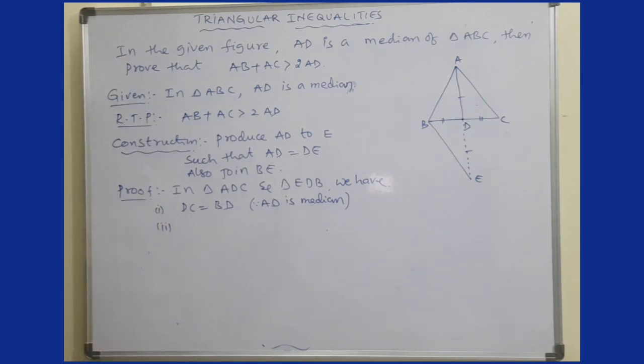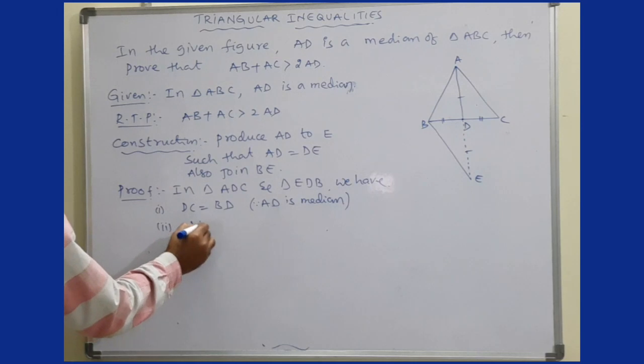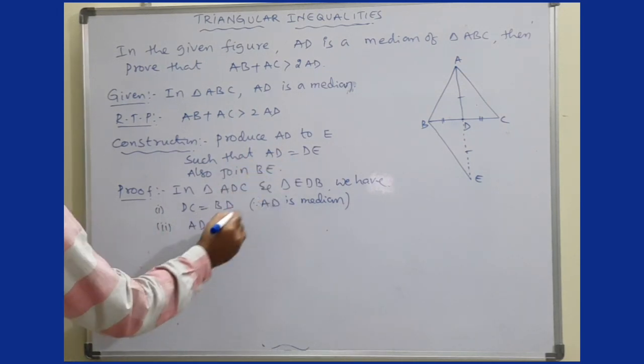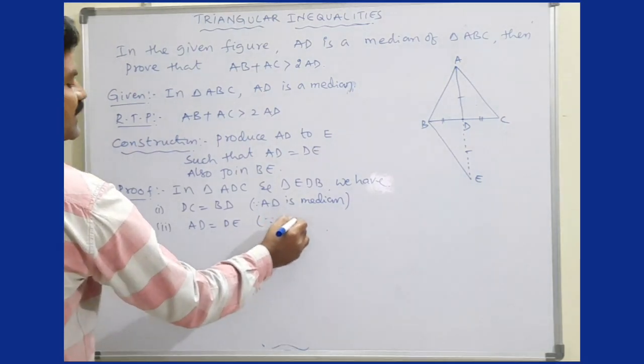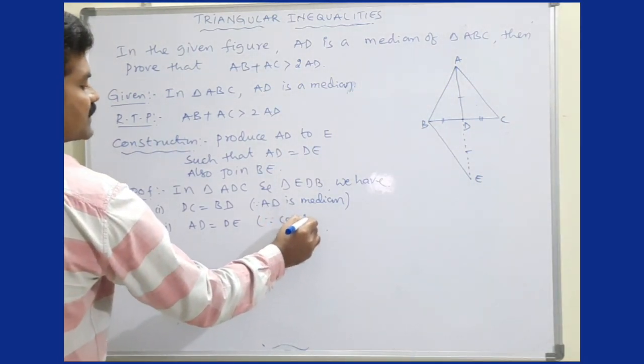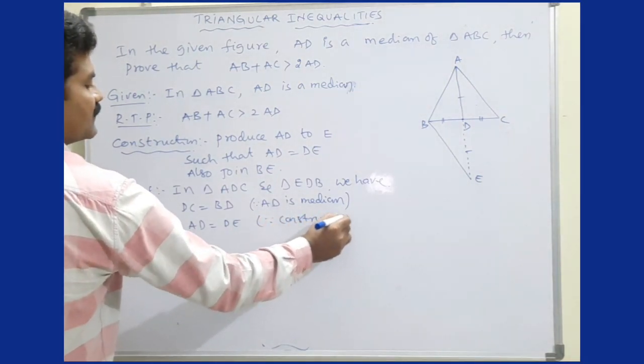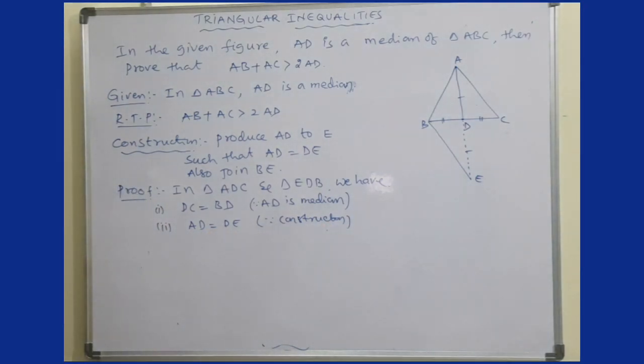And we have one more condition, that AD is equal to DE, just as we constructed. By the construction, these two are equal.